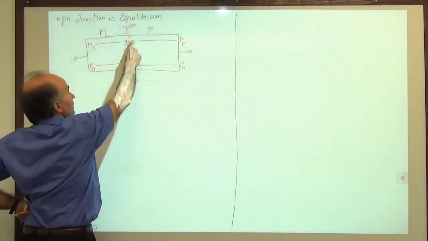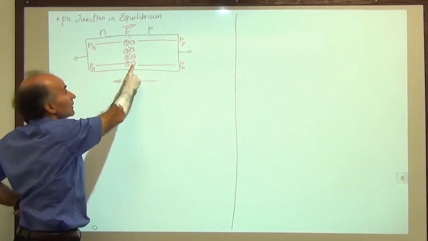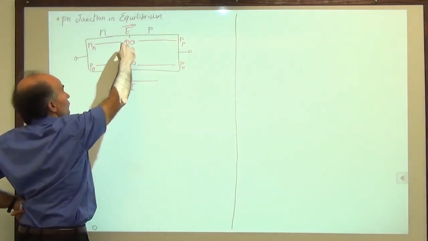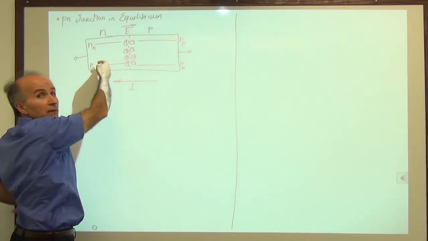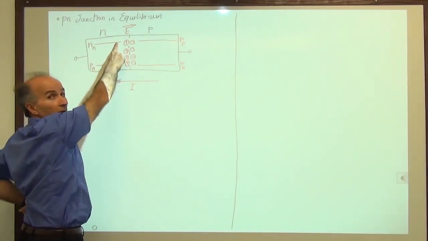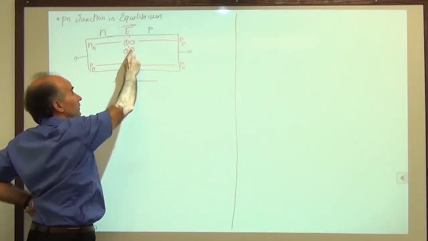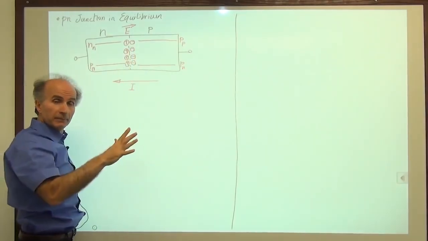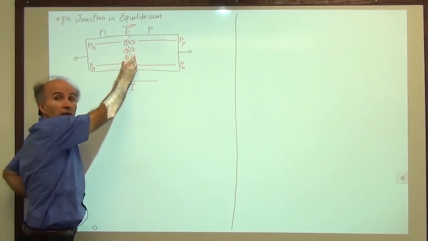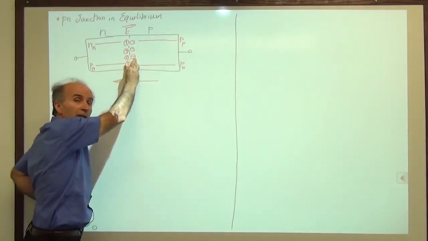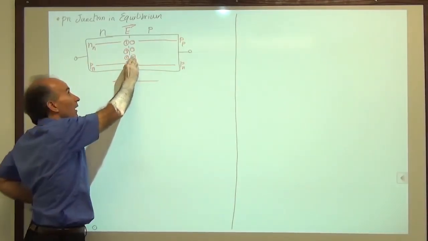Similarly, because of these negative ions here, the field says, if you bring a negative charge here, I want to push it that way. So if these free electrons want to diffuse this way, the electric field wants to stop them.